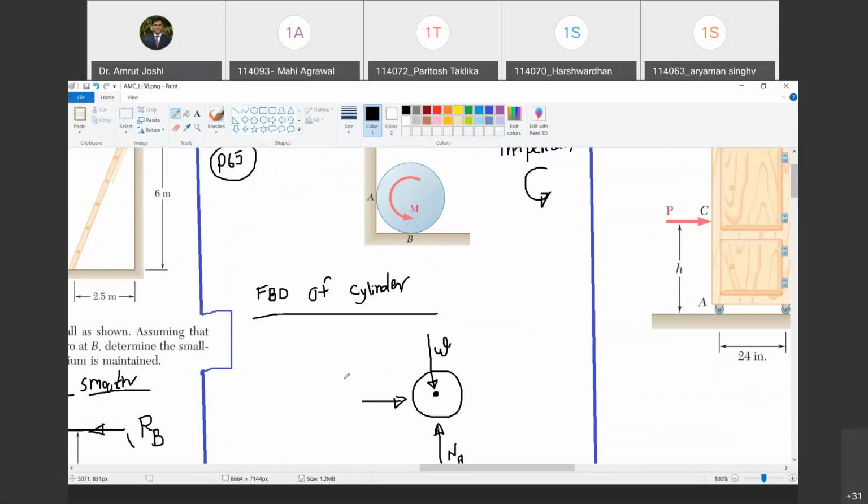Yes, sir. Now, do all these forces pass through the center? Yes, obviously. And therefore, this forms a concurrent force system. Do you agree with me? Yes, sir. But now, we have not shown the frictional forces. Where do the frictional forces act? Frictional forces are going to act at these locations.